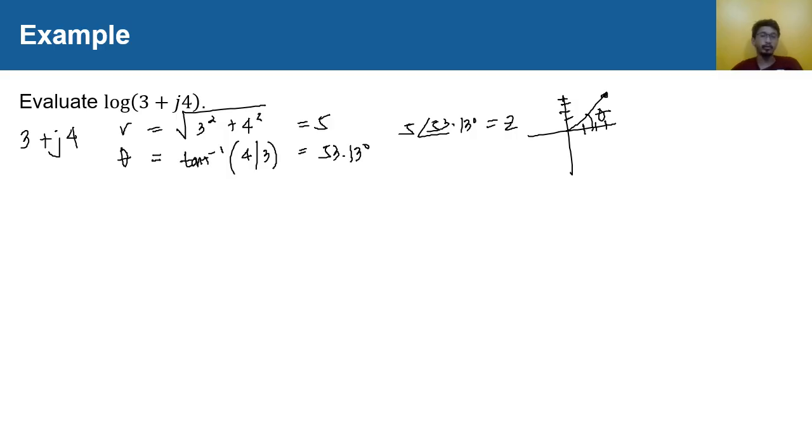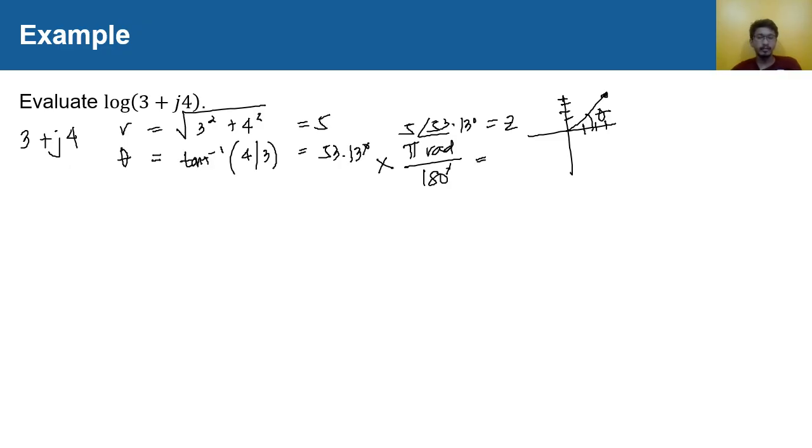So we need to convert theta from degrees to radians. So we have 53.13 degrees times pi rad over 180 degrees. The degrees cancel.